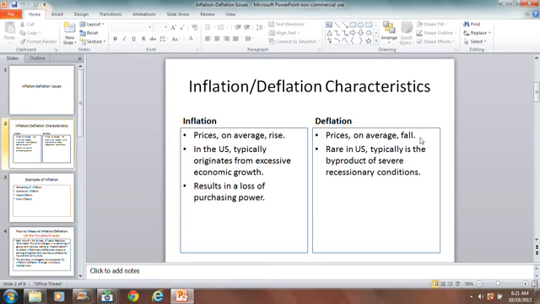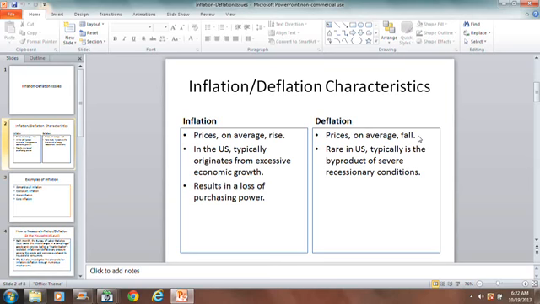Deflation is where prices on average fall. It's rare in the United States because, as I just mentioned, our economy is typically in growth mode. Our economy is typically growing, and because of this growth, we typically don't have deflationary concerns.